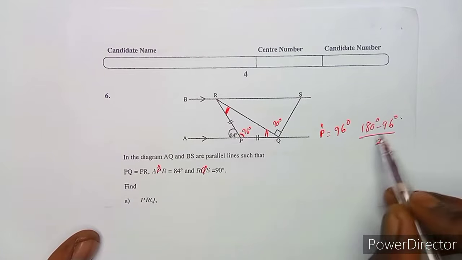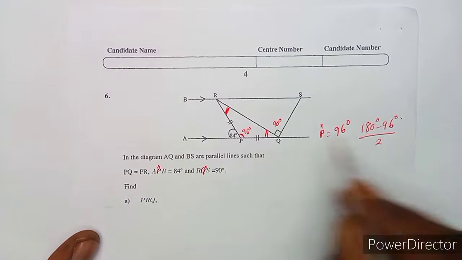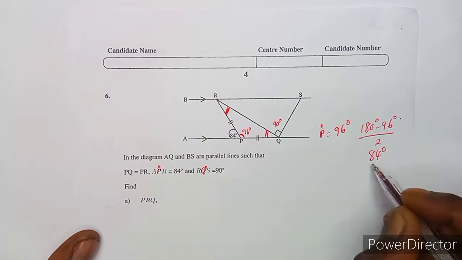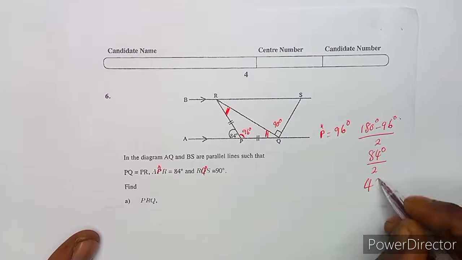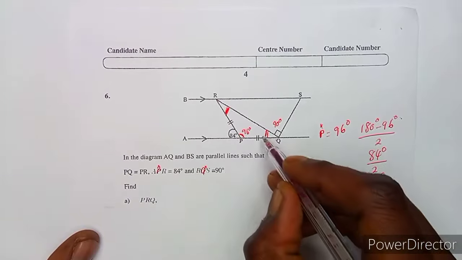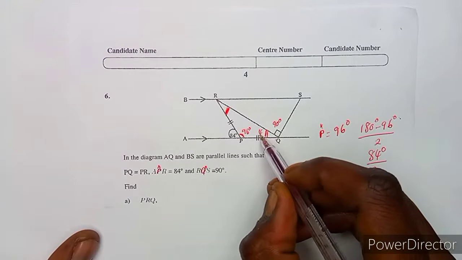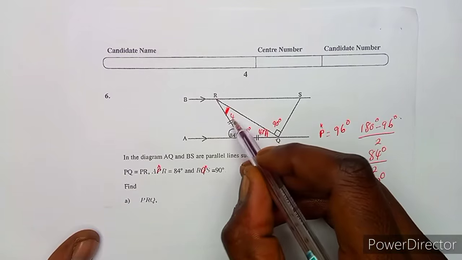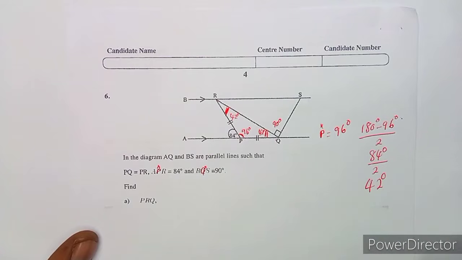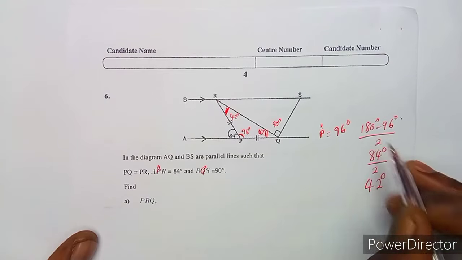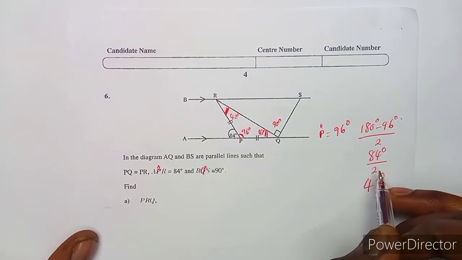The moment you subtract, you're going back to this 84, which divided by 2 gives you 42 degrees. That is how you simplify this question, but you've involved a lot of things and a lot of repetitions here.